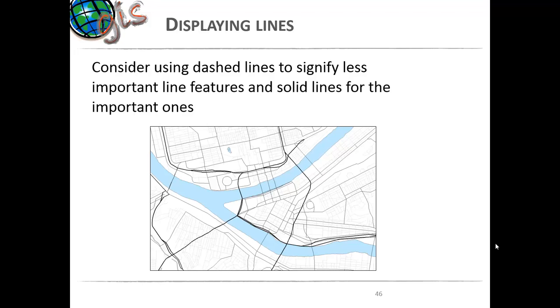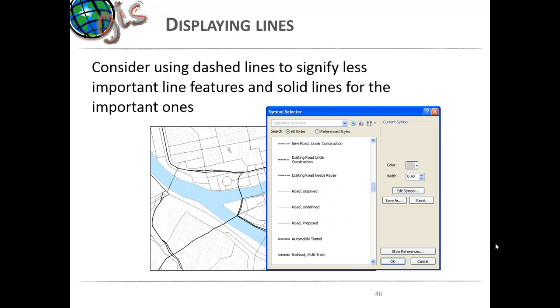Sometimes we need to consider using dashed lines to signify less important features and solid lines for the more important ones. In this example, streets are more important than some of the internal streets, so we need to show those line weights, or maybe use dashed lines, and so on and so forth.